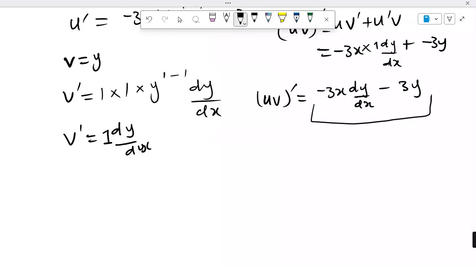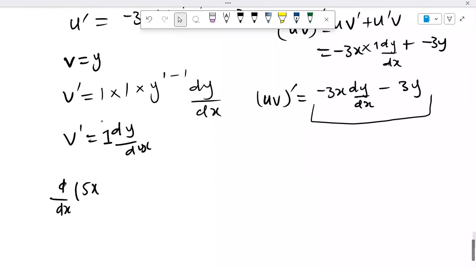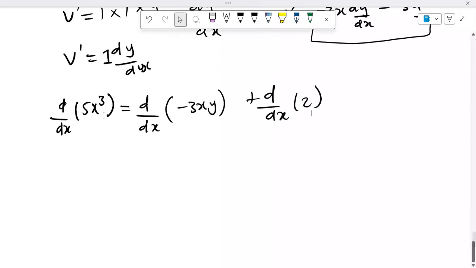Okay, so as we write it, 5x to the power of 3 negative 3xy. So this side differentiating is easy.